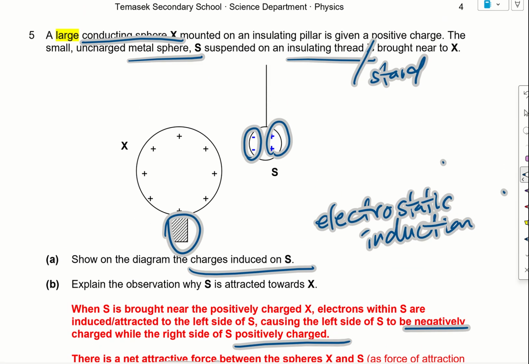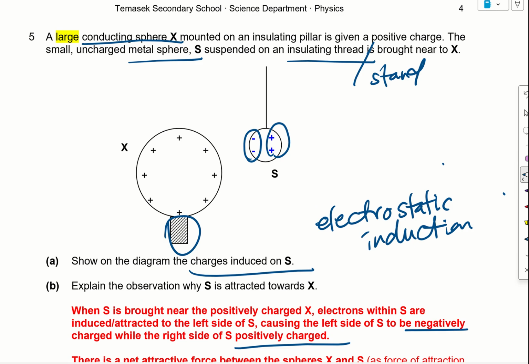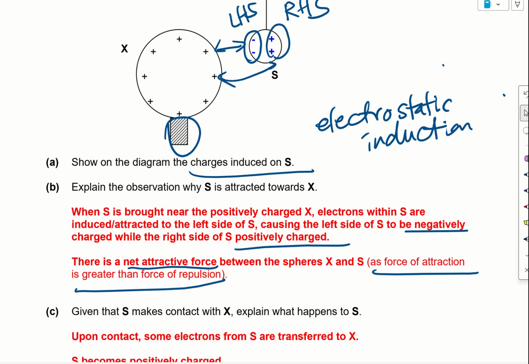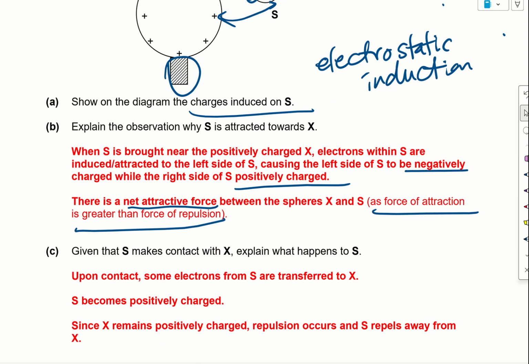The negatively charged side, which is the left hand side, is nearer to X, whereas the positively charged side, which is the right hand side, is further away. So although there is attraction and also repulsion, the attractive force is larger than the repulsive force due to proximity, due to the distance between the spheres.